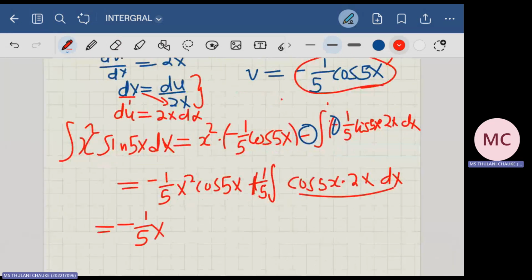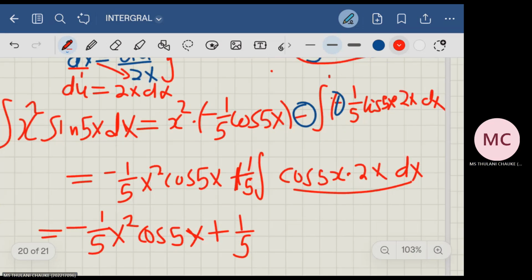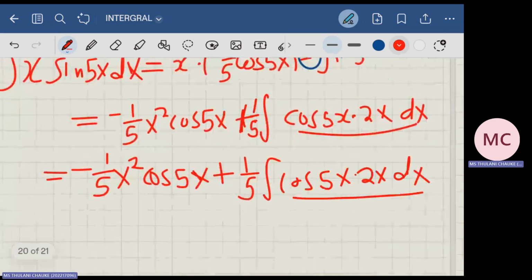Now we're having -1/5 x squared cosine of 5x plus 1/5 of this integral. That means here we'll have to integrate this one using by parts again. I usually do this separately, so I will solve this one separately.